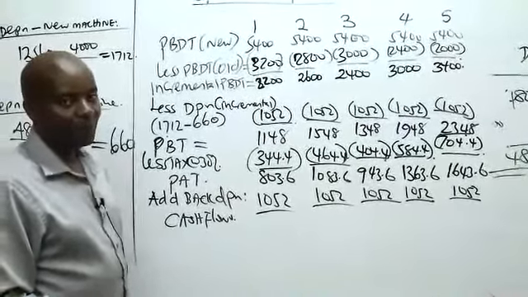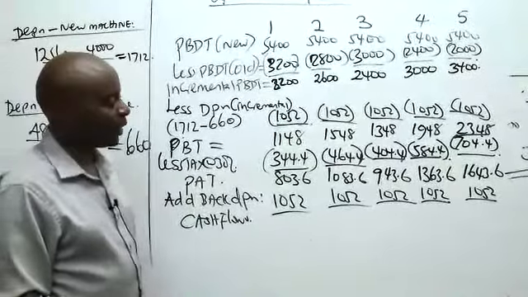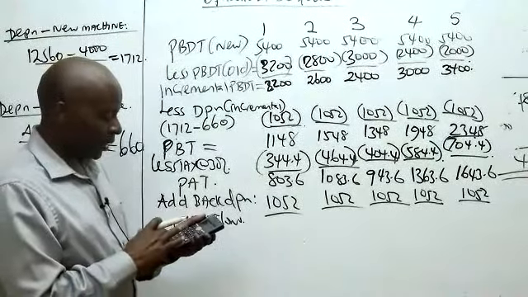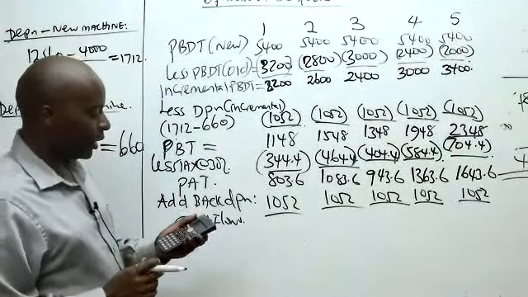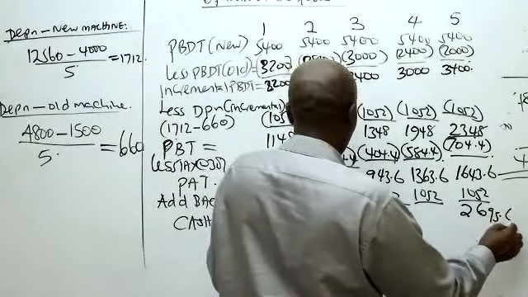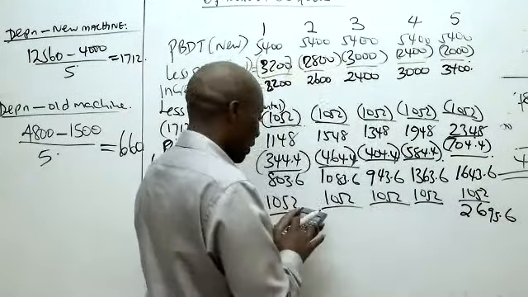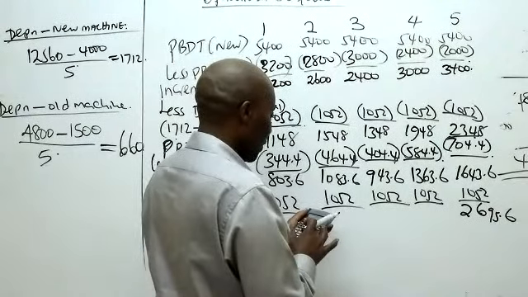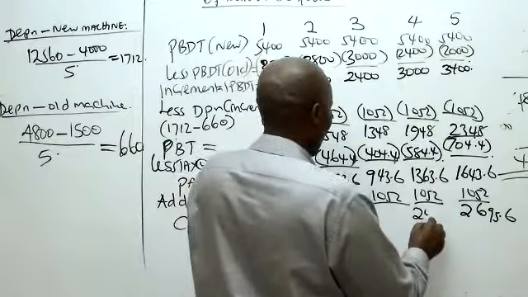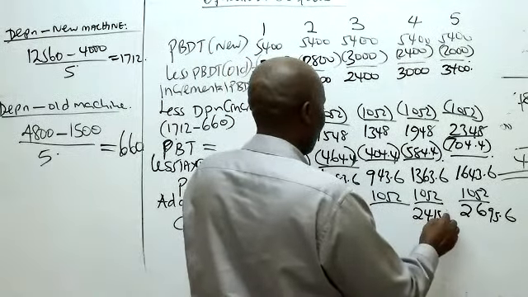Right. So we have there plus 1052. What figure am I able to get here? 2695.6. 1363.6 plus 1052 gives me 2415.6.